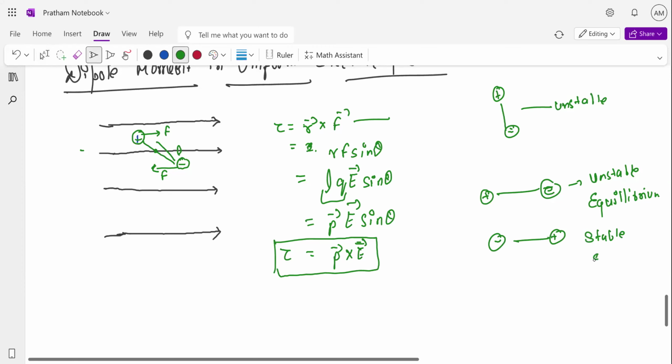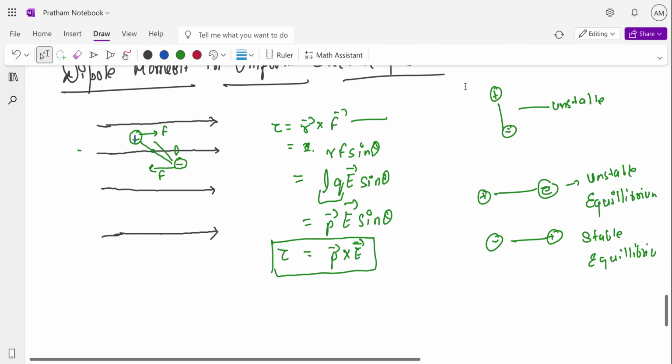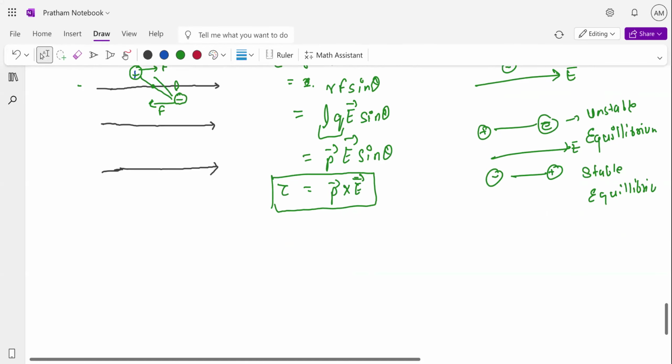Clear? And the electric field was going like this, the direction of the electric field. So now calculate the energy in all three cases.